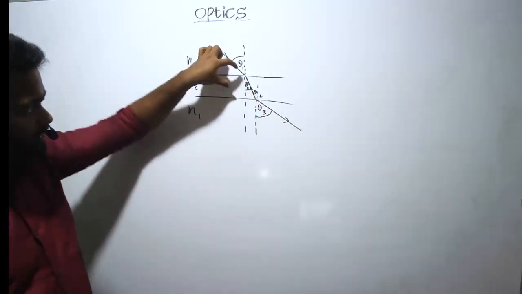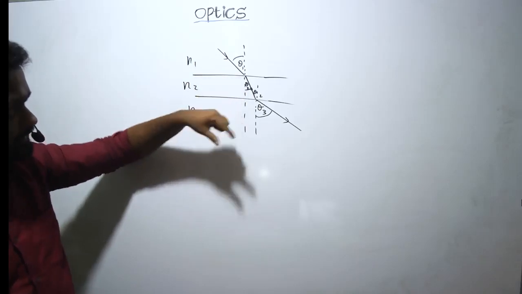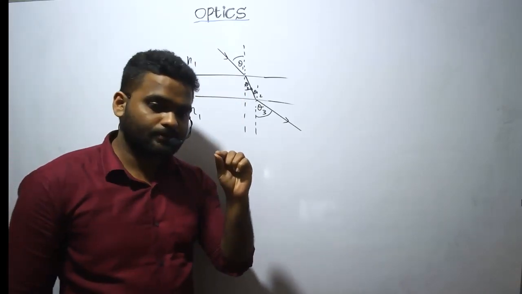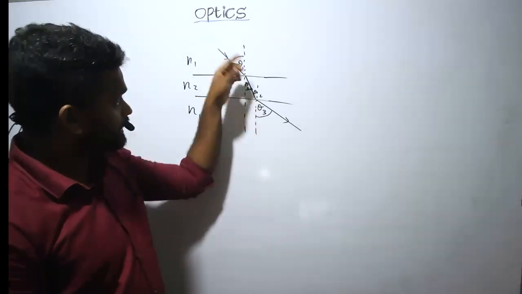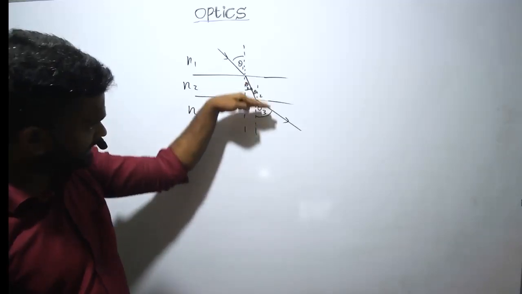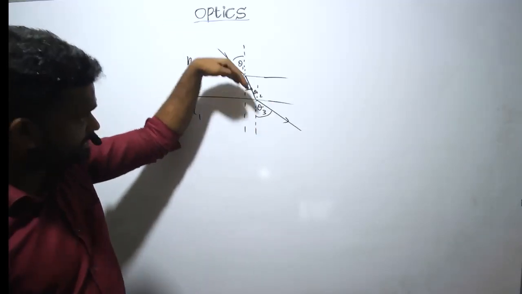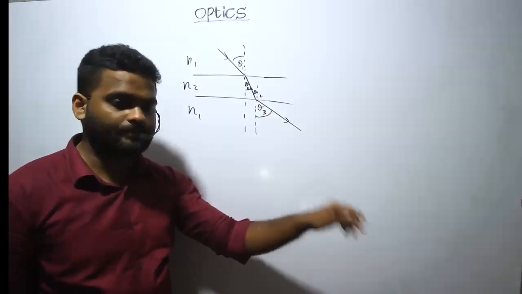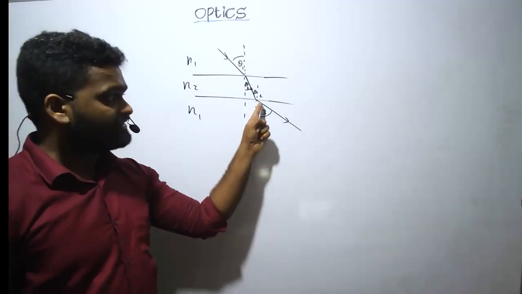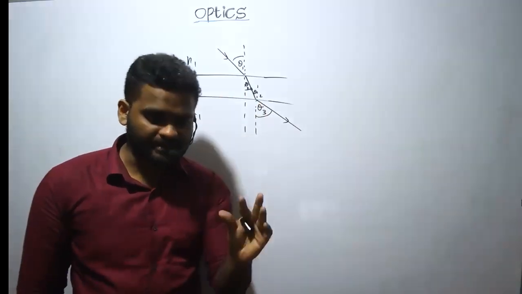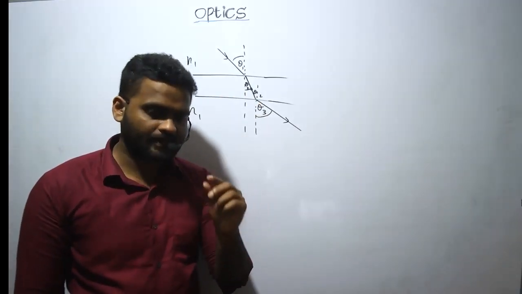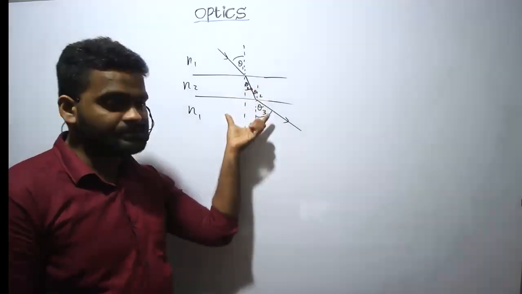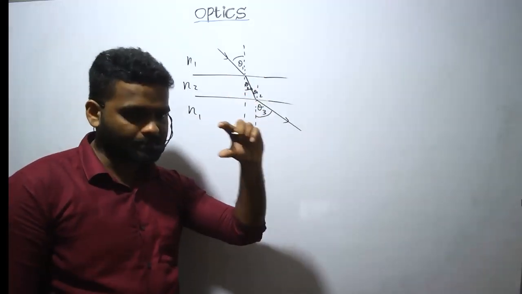There could be a number of slabs here. What I'm going to prove is that no matter how many slabs there are, if the ray enters the same medium and leaves from the same medium, the incident ray and the emergent ray are parallel, as long as they are parallel slabs.